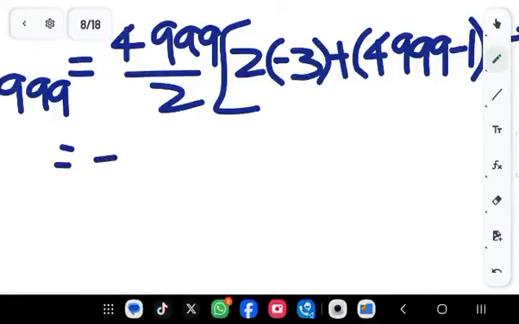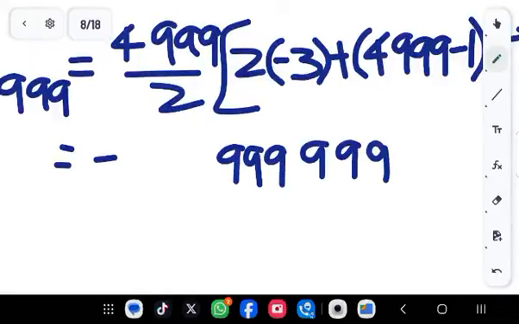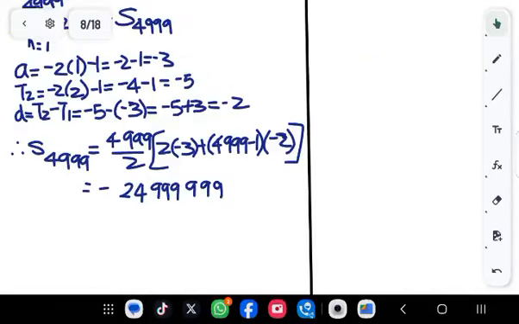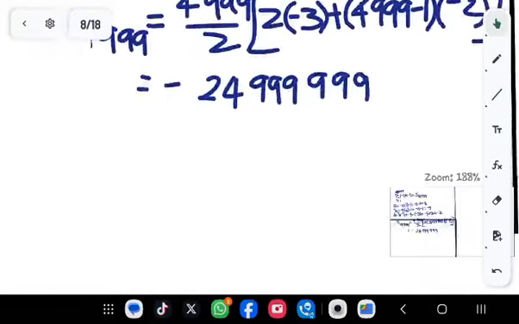I'm going to write it from the right-hand side. So we've got 999, 3 nines, another set of 3 nines, and then we've got 24. So that is negative 24,999,999.